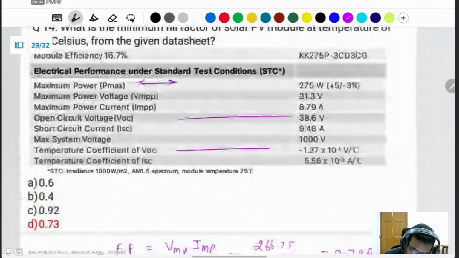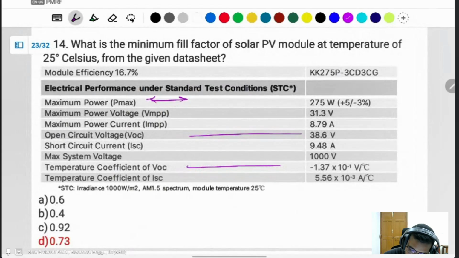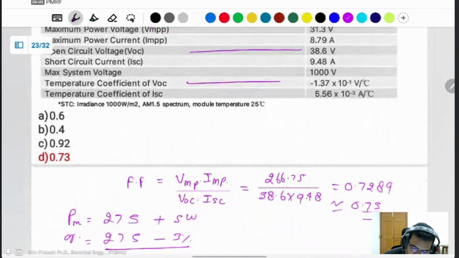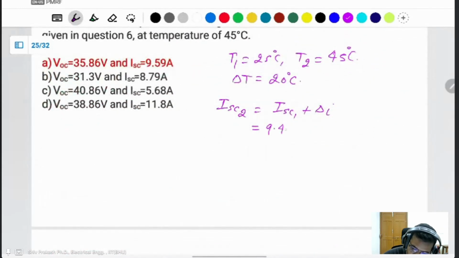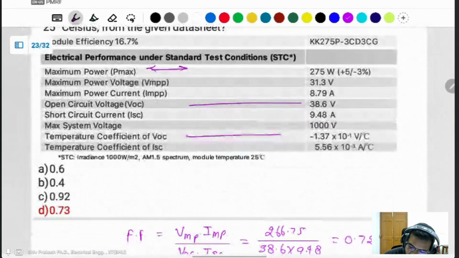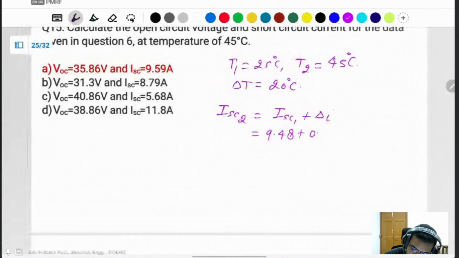First condition: ISC is 9.48 ampere plus 5.56 into 10 to the power minus 3, into the temperature difference of 20 degrees centigrade.